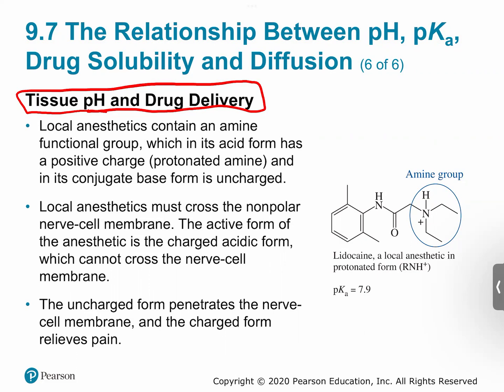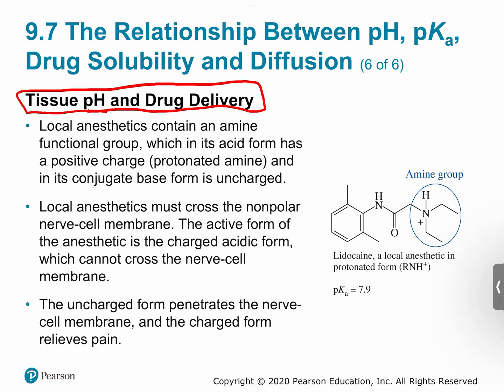So in its acid form it has a positive charge, and its conjugate base form is uncharged. So the local anesthetic has to cross the nonpolar nerve cell membrane. The active form of the anesthetic is the charged acidic form, which can't cross the nerve cell membrane. So this uncharged form is what's going to get through the nerve cell membrane. The charged form is the one that relieves the pain.